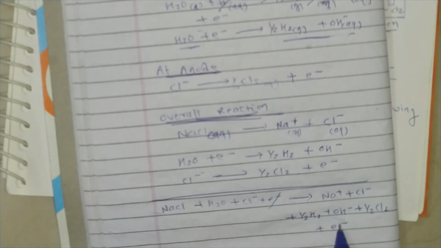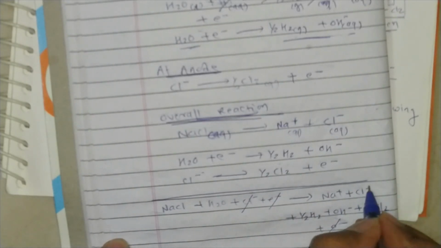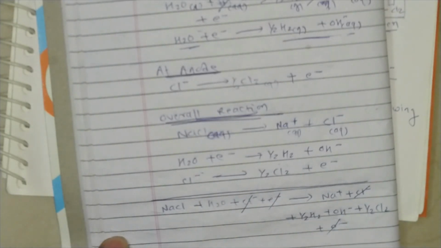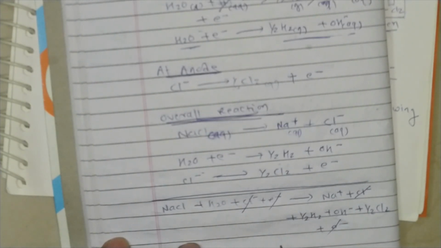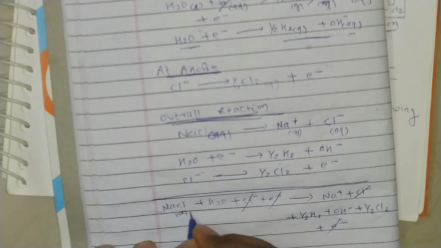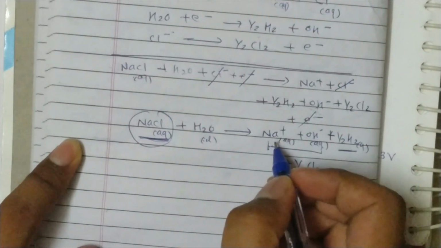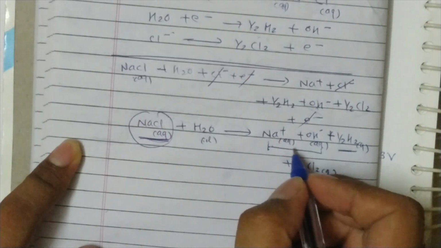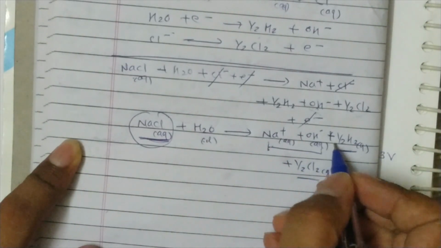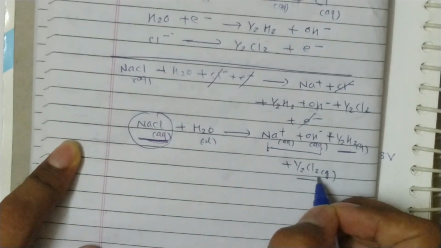Now electron will get cancelled, right? Cl minus ion will get cancelled. Remaining one is NaCl aqueous plus H2O liquid gives Na plus OH minus plus H2 plus half of Cl2.